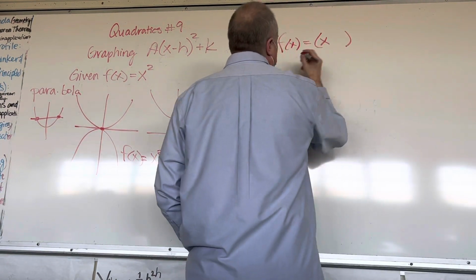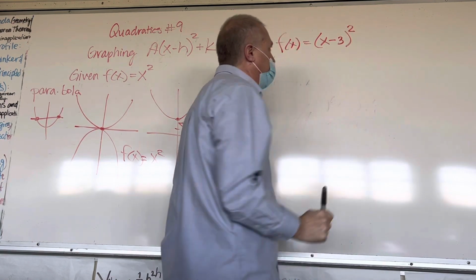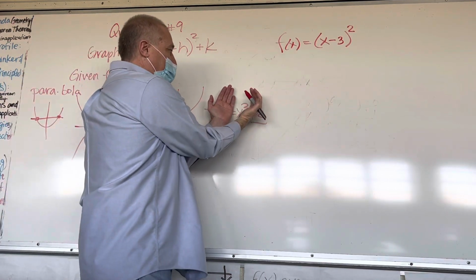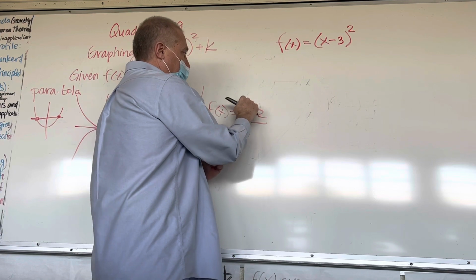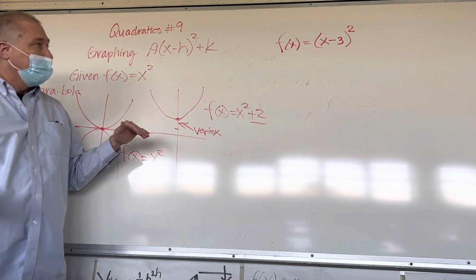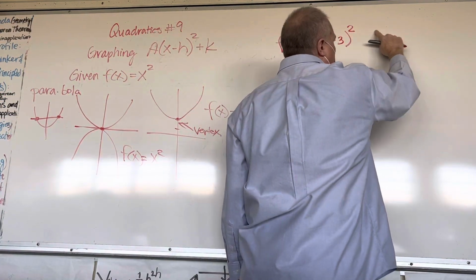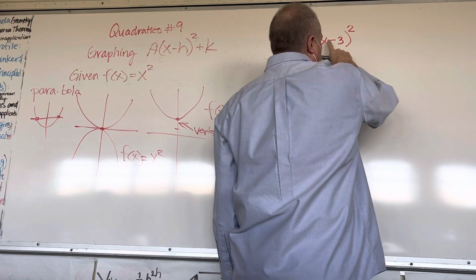So let's say x minus 3 squared. Notice here the plus 2 was outside of the power, and it made it go up 2. Fair enough? This one's inside of the power, and there is none out here on the outside yet. We're going to go back and put one in a minute. So type it like this.